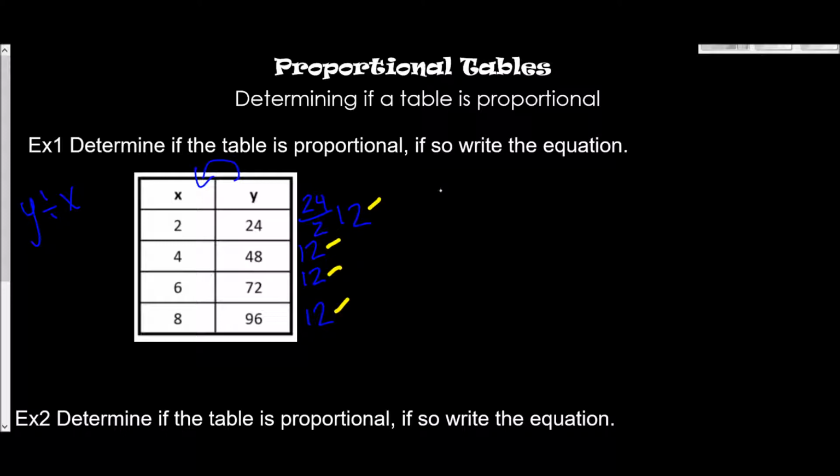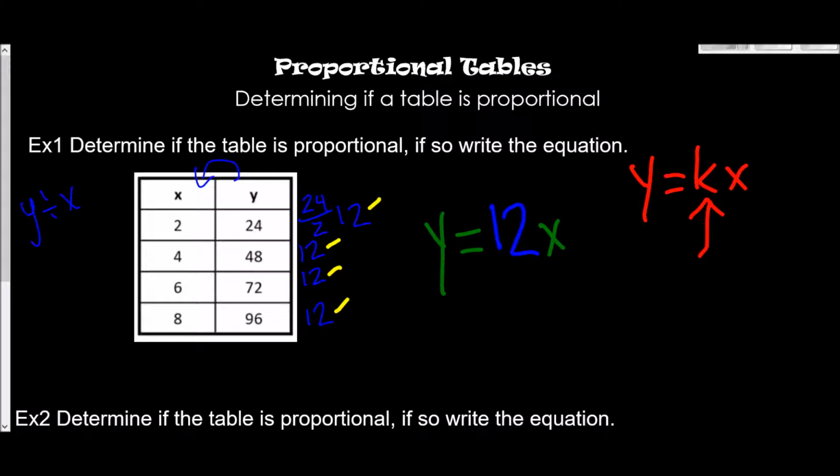So in this case, my equation is always going to be in the form y equals kx. Looks weird. The only thing that matters is this k, which is called my constant of proportionality. In this case, my equation is going to be y equals that repeated number, that 12, x. It's as simple as that.